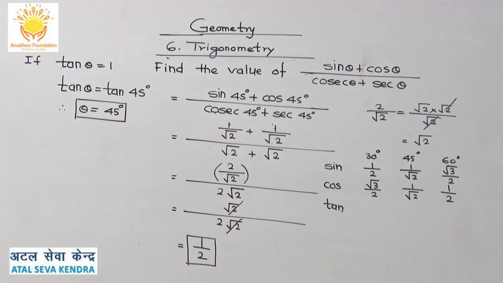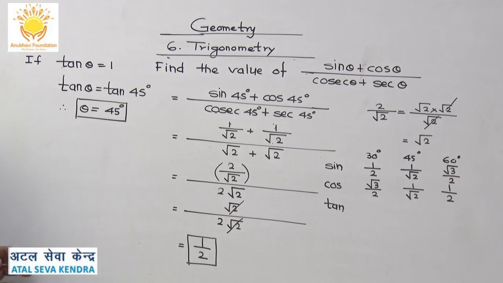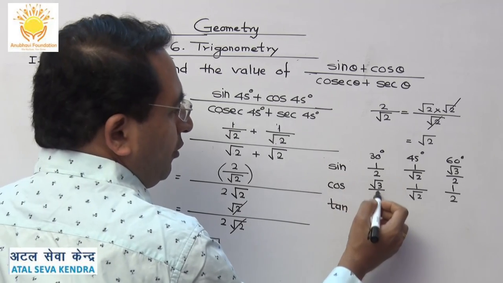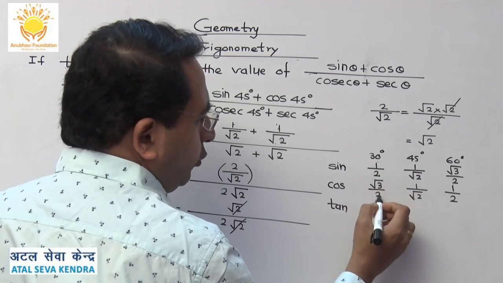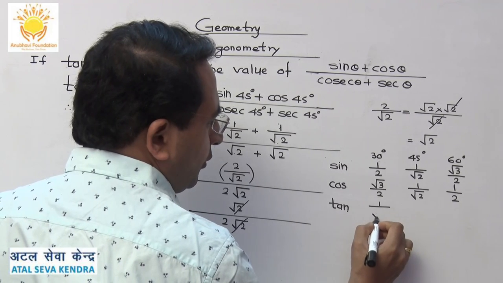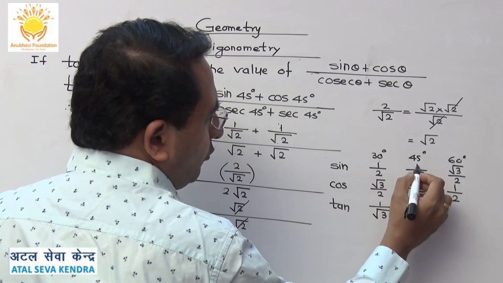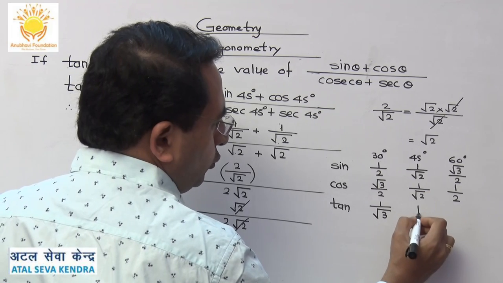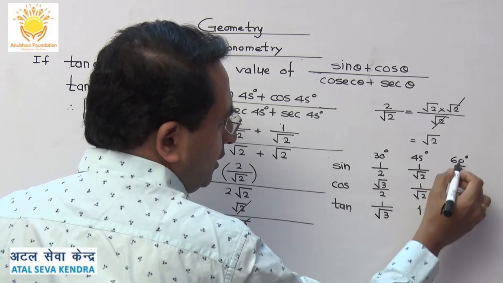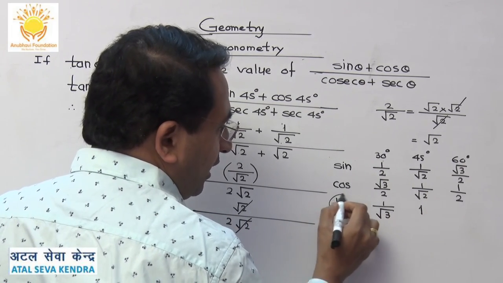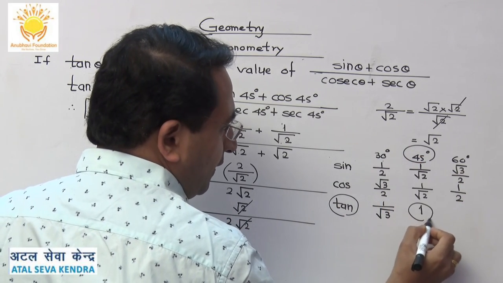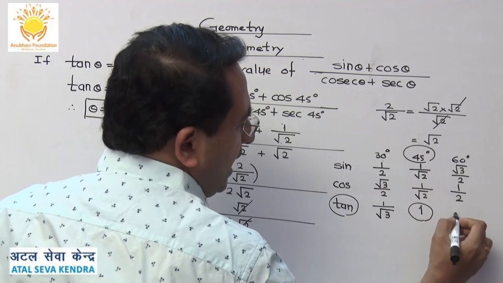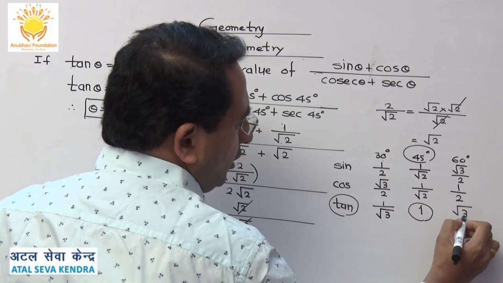Now you know the value of tan. Tan is nothing but sine upon cos. So whatever answers you have given here, we have to divide them. So 1 upon 2, whole thing divided by root 3 upon 2, the answer is 1 upon root 3. Then 1 by root 2 upon 1 by root 2 cancels, the answer is 1. That is why we have taken this group, tan of 45 degrees is 1, and this value is going to be root 3.